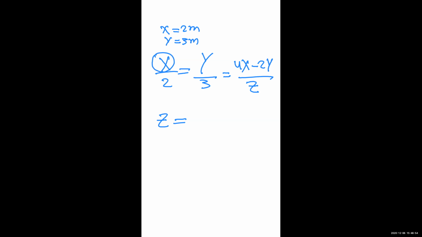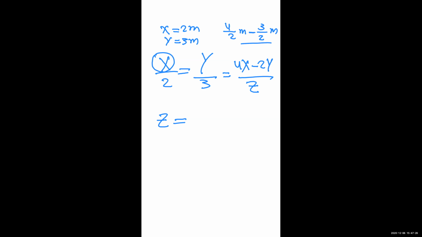Okay, then what? 4 over 2m minus 3 over 2m.